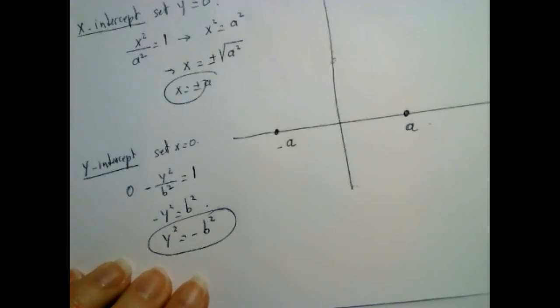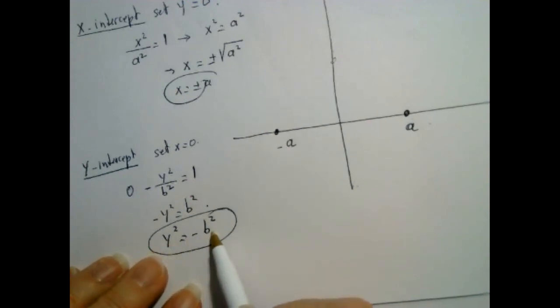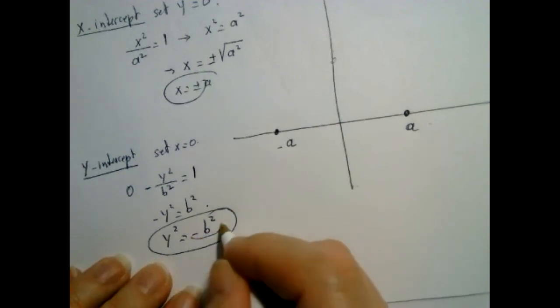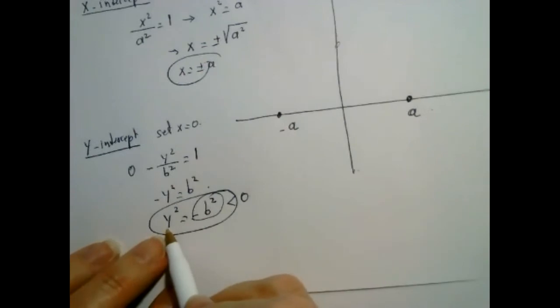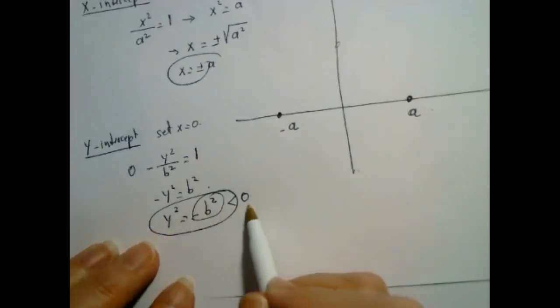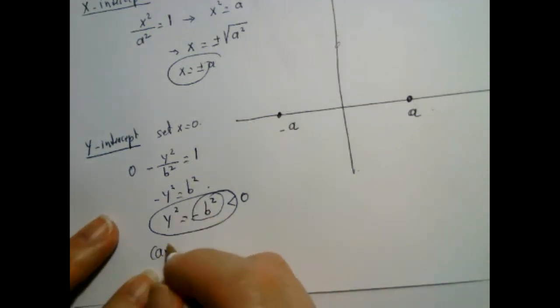No, because this is positive and this is a negative number. So there is no way I can find a y such that y squared is negative, because y squared is always positive. So this cannot occur.